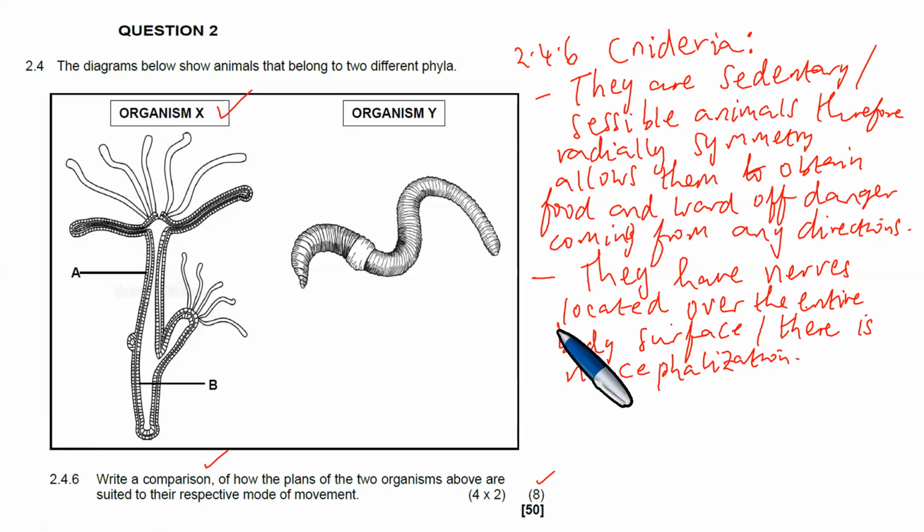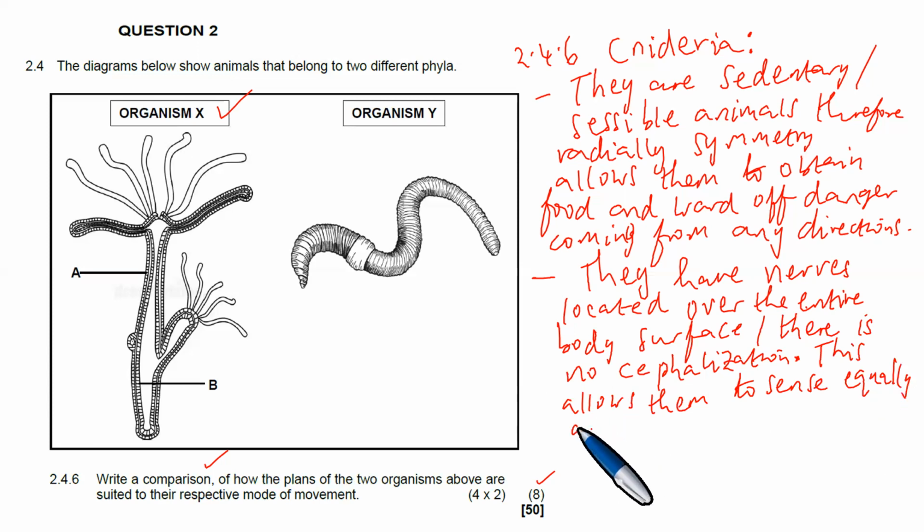They can sense the environment. It's not that they're just a dead block moving. This allows organism X to sense equally all around. Next point.